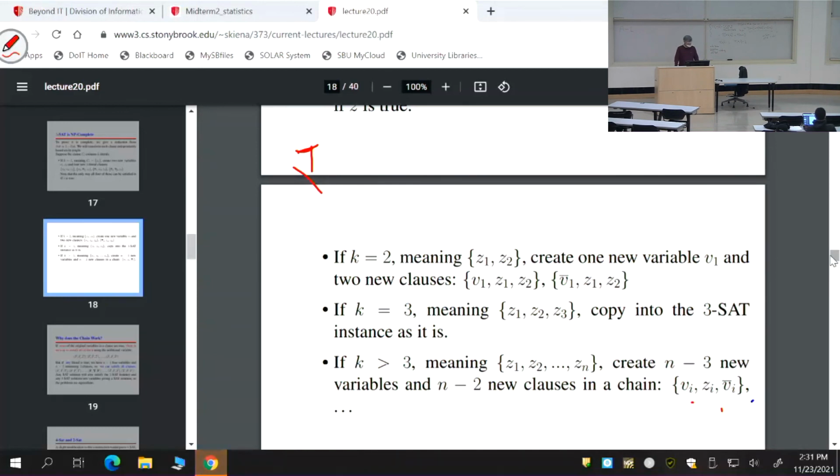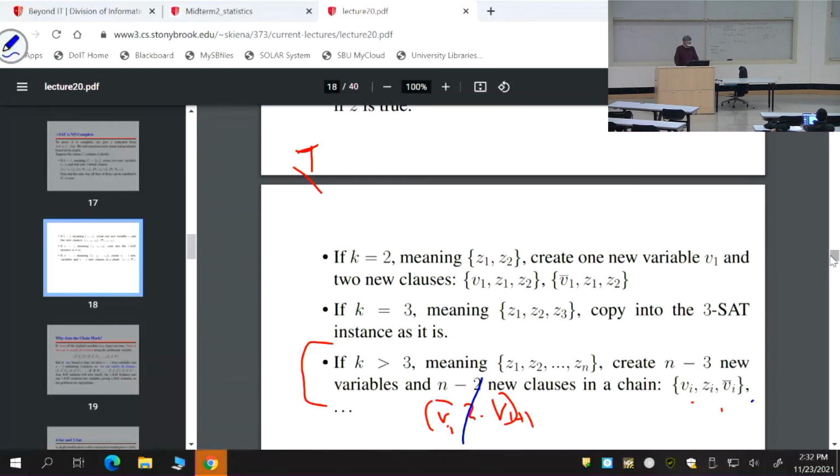Remember, for the big clauses, we were going to break them into smaller clauses by using the chain? Notice that we would get into trouble with 2-element clauses, right? We had not VI, Z something, and VI plus 1. If we only have 2-element clauses, we can build chains that contain nothing. That won't help us. Or we can't build chains.